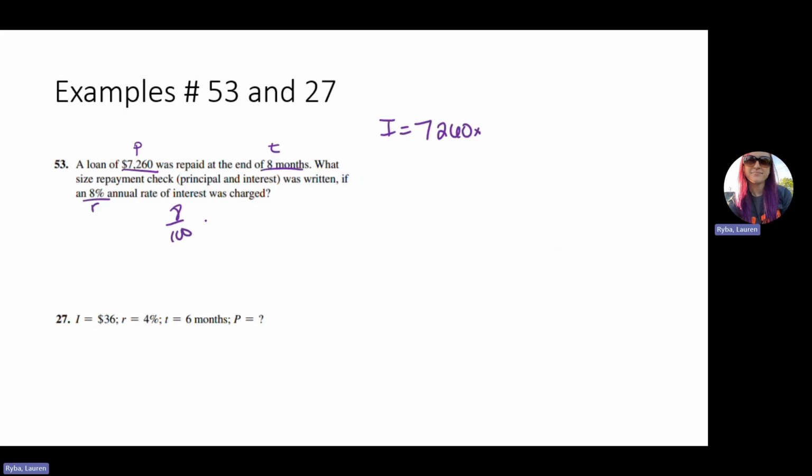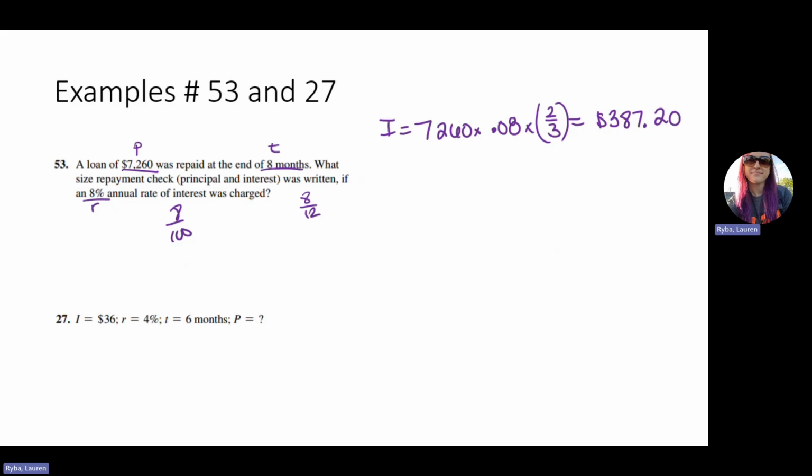So 8 out of 100 is 0.08 times time. 8 months out of 12 months represents 2/3 of a year. Remember, time is always in years. And this is a loan. We are only calculating the simple interest on the loan. So if I take 7,260 times 0.08 times 2/3, you get an interest charge of $387.20.